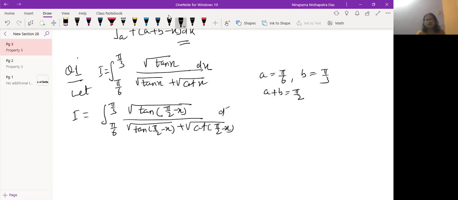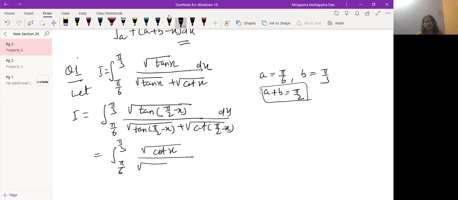Did you understand why it is happening? We are already getting a plus b equal to pi by 2. So what is the benefit of taking it like this? Here you are getting root cot x, and the denominator is root cot x plus root tan x.